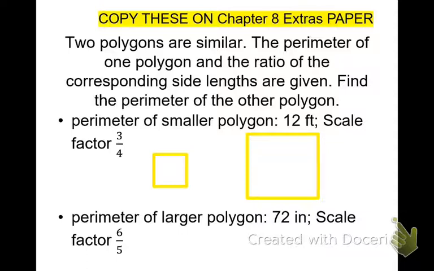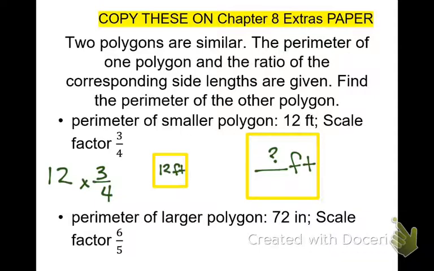The smaller polygon has a perimeter of 12 feet. We don't know the larger perimeter. We do know the scale factor is 3/4. So the scale factor is a number that you multiply. So it's 3/4. Here's the problem. If I took 12 and multiplied it by 3/4, don't write this down, would my perimeter get larger or smaller?